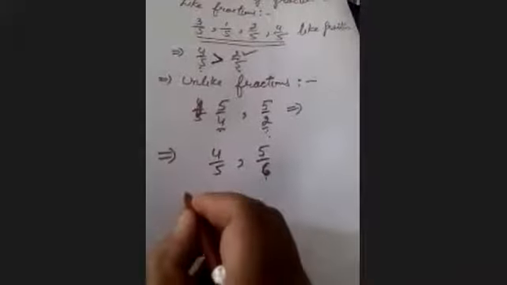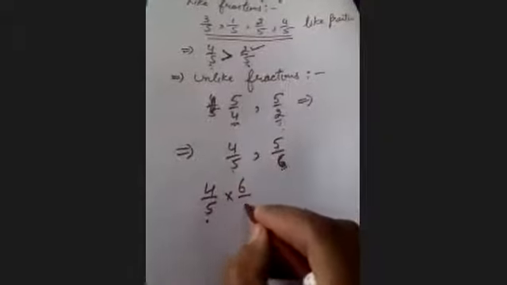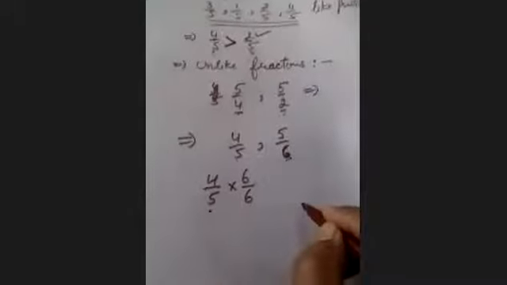For this, friends, first write the first fraction 4 upon 5, then multiply it by 6, the denominator of the second fraction, 6 upon 6.